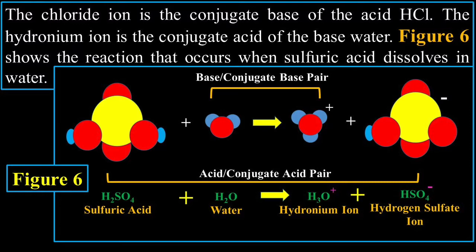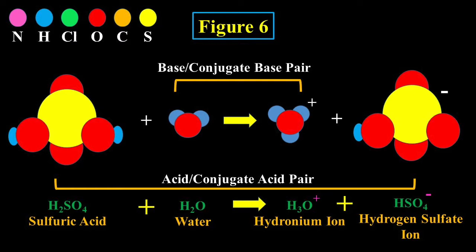Figure 6 shows the reaction that occurs when sulfuric acid dissolves in water. That's sulfuric acid dissolving in water, and you're producing the hydronium ion and the hydrogen sulfate ion, HSO4-. And there's a better shot of it, and you see the conjugate acid and base pairs, and a little bit about the geometry of the sulfuric acid molecule, very clearly drawn there.